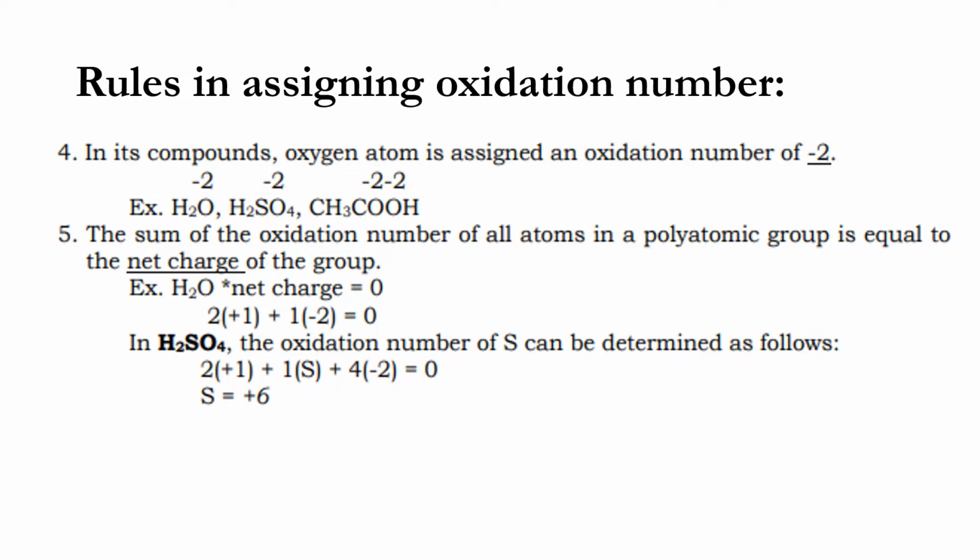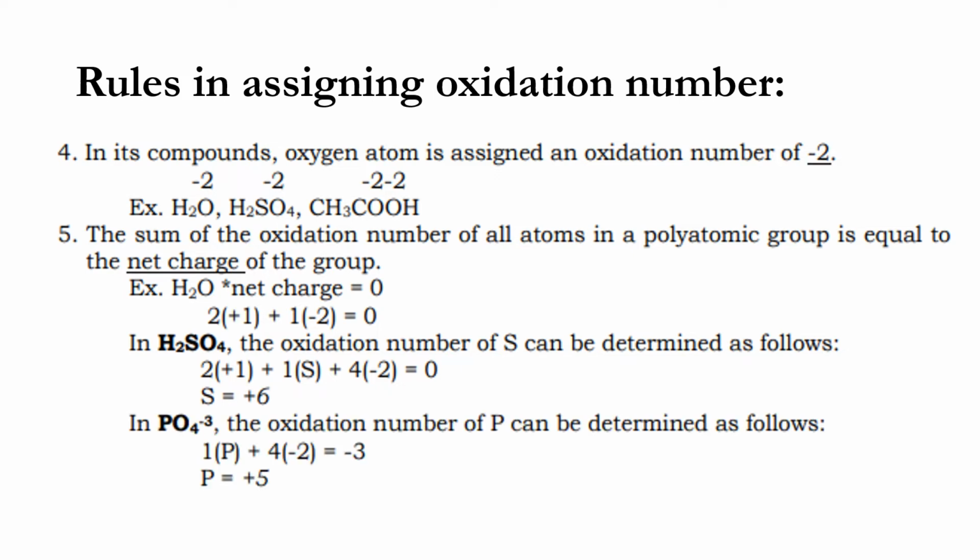S then is equal to +6 because 2 times 1 of hydrogen is 2 plus S minus 8. Combining +2 and -8 will have -6. Transposing -6 to the other side of the equation to leave the sulfur atom on one side of the equation, we will have -6 converted to +6.